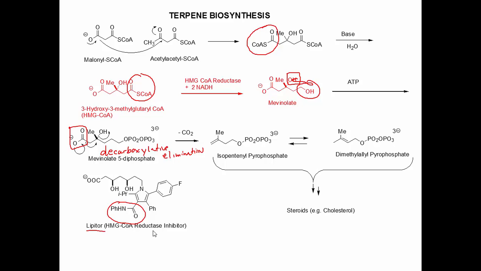So when you take a Lipitor pill, you can't make these critical 5-carbon building blocks, and as we'll see in just a second, these are critical for making cholesterol. Okay, and so the cholesterol biosynthesis pathway is completely shut down.